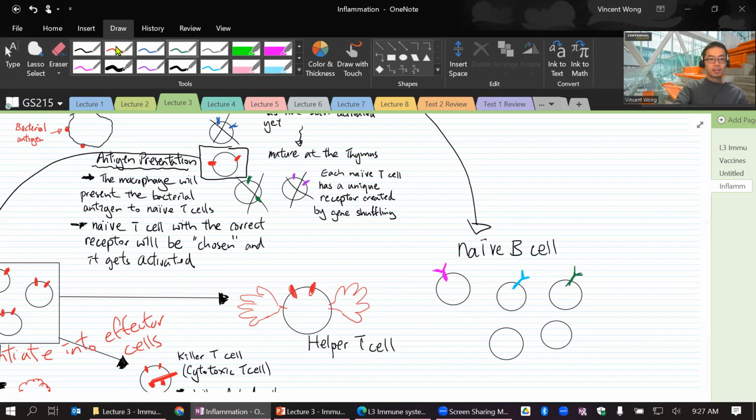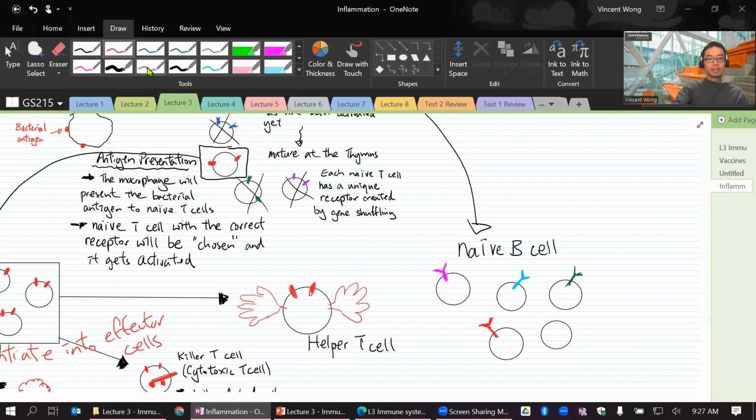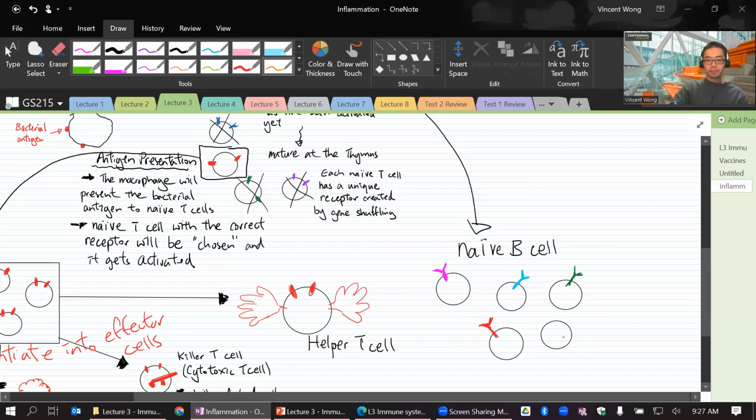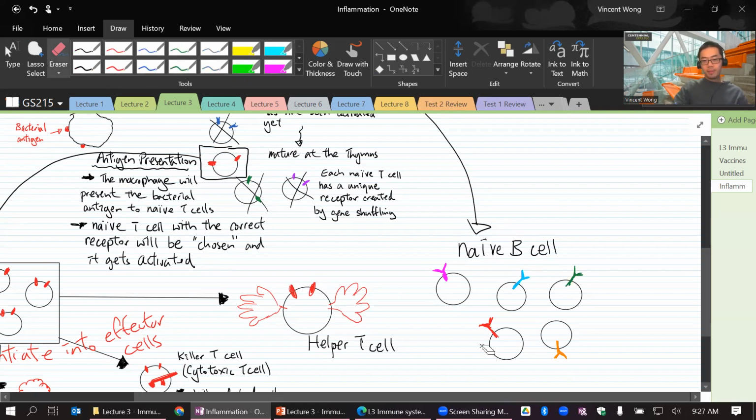Green one, red one, and let's throw in an orange one. So each naive B cell would have, again, a unique receptor that is created by gene shuffling.